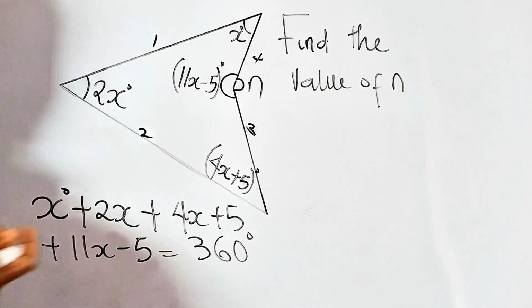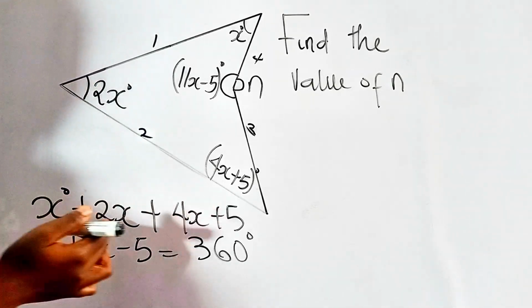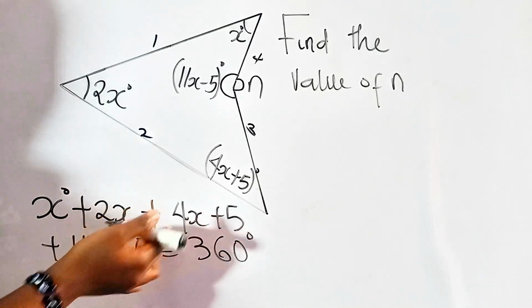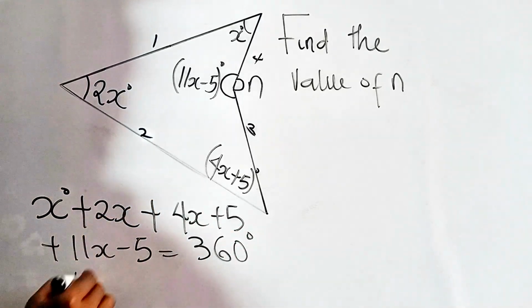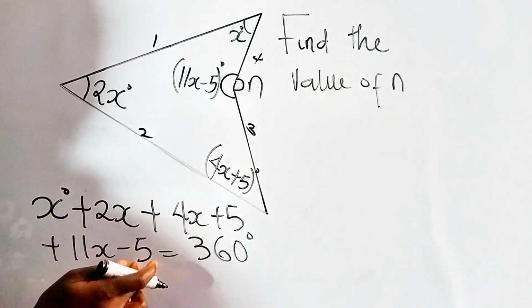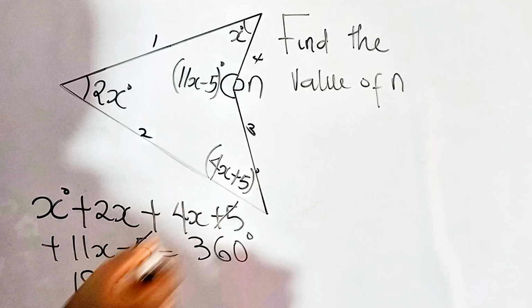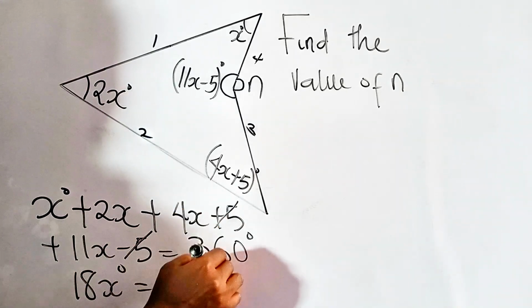Now let's group the like terms. 11x plus 2x equals 13x, 13x plus 4x is 17x... then 7x plus 11x would give 18x degrees, right? Then we have plus 5 minus 5. They will automatically cancel out. So 18x degrees equals 360 degrees.